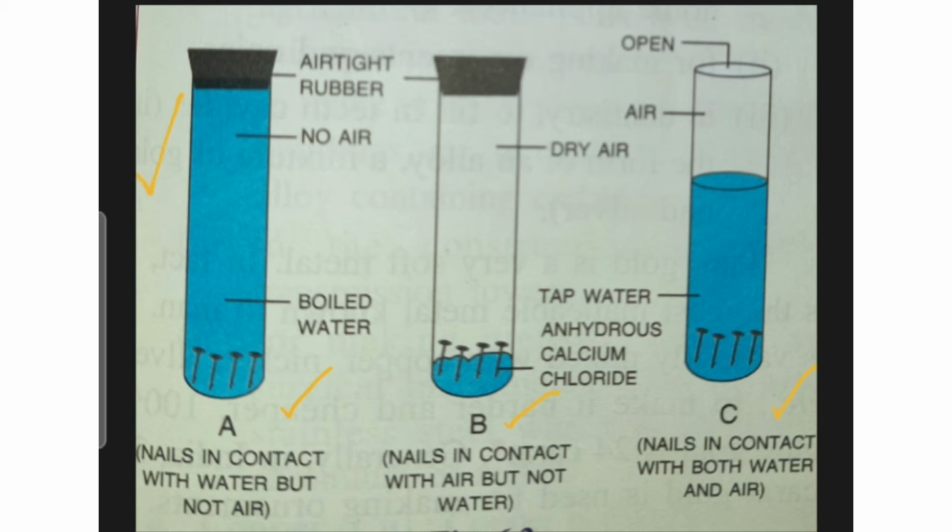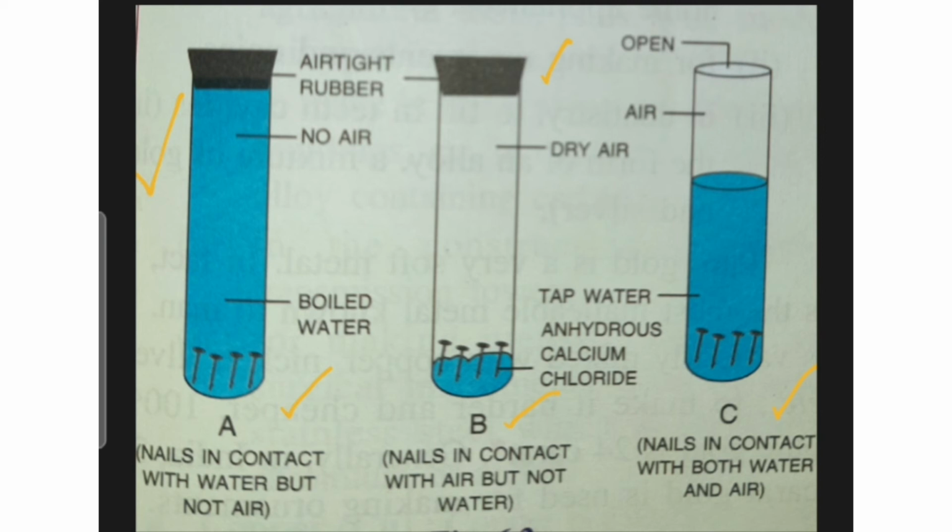In the upper part a rubber stopper is already given, and boiled water is given, that is why all the oxygen came out. In test tube B, put a few pieces of anhydrous calcium chloride to absorb the moisture inside and tightly close the test tube with an airtight rubber stopper. Here also an airtight rubber stopper is given on top along with some anhydrous calcium chloride. Anhydrous means that it can soak up water.